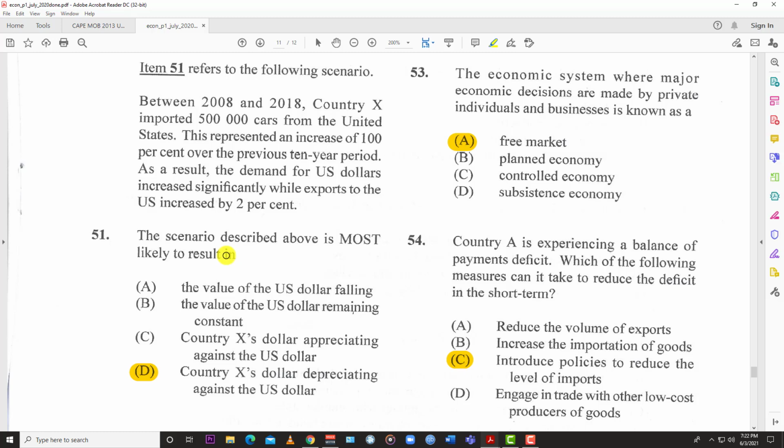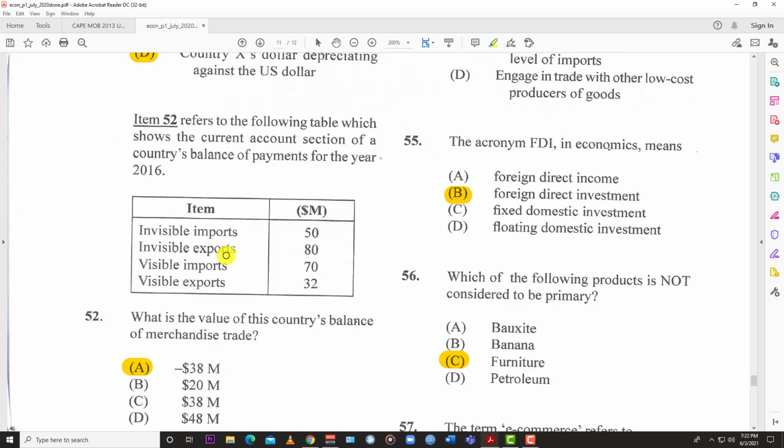As such, the local currency is going to depreciate against the US dollar. It's going to lose some value towards the US dollar. So the answer is country X's dollar depreciating against the US dollar, because the demand for US dollars is increasing while the demand for local currency is decreasing. So that's why the answer is D.